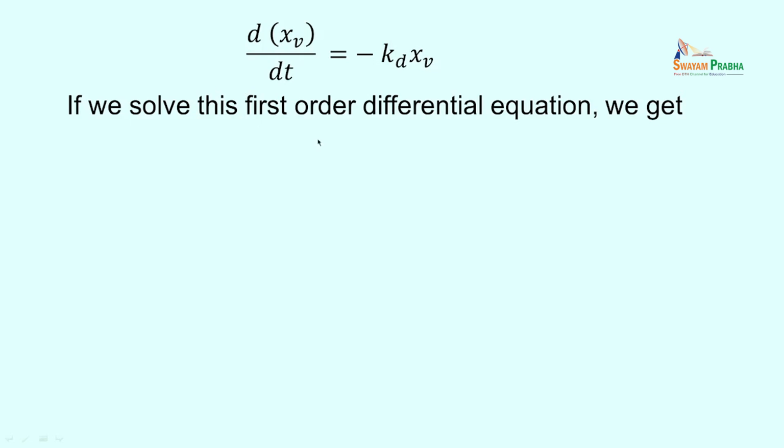If we solve this first order differential equation, we get ln, or natural log, X_v0 by X_v equals k_d times t, where X_v0 is the concentration when we began the process of heat sterilization, and X_v is the viable cell concentration at any time t.